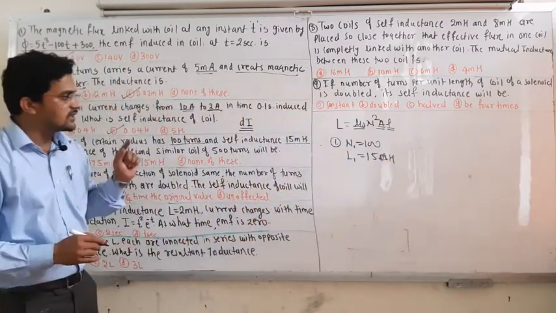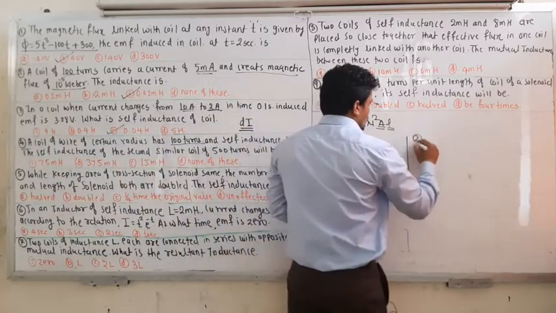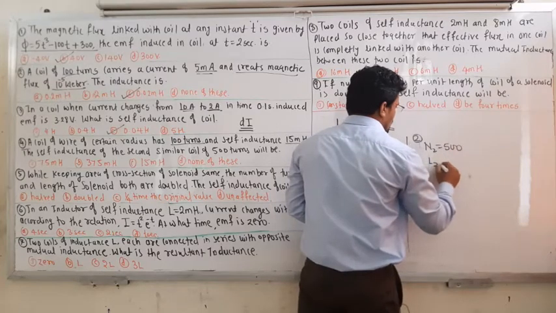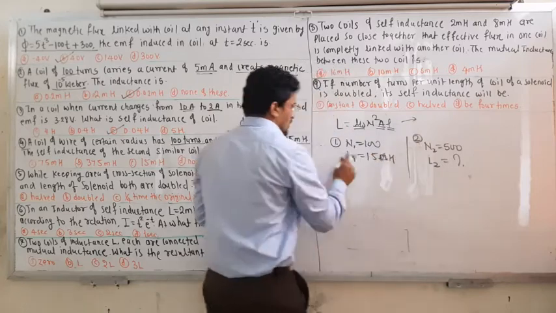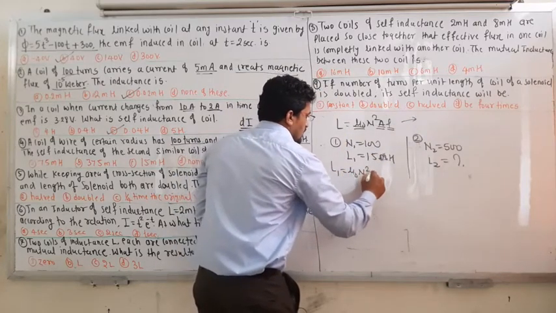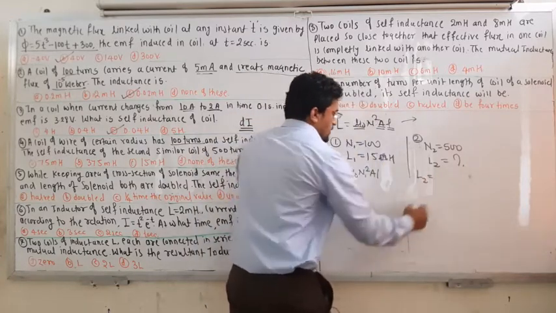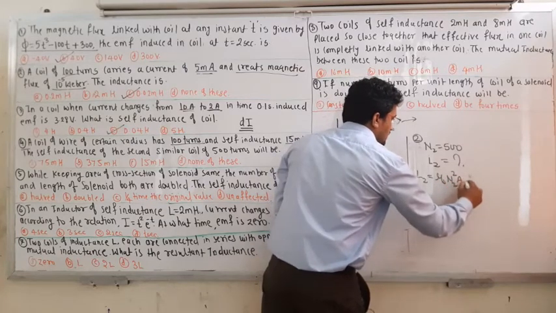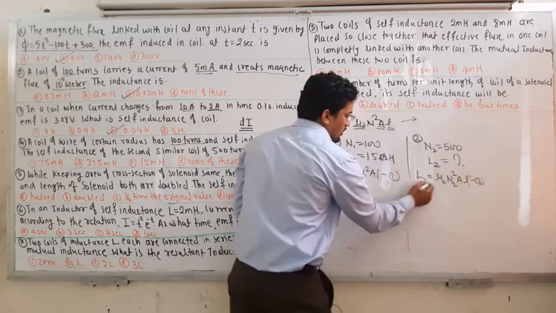For the second coil, the number of turns becomes 500, and we need to find the self inductance. So L1 is equal to mu naught N1 square A L, and for coil 2, mu naught, area and length are the same but the number of turns is different. So from equation 1 and equation 2, you have to find L2.